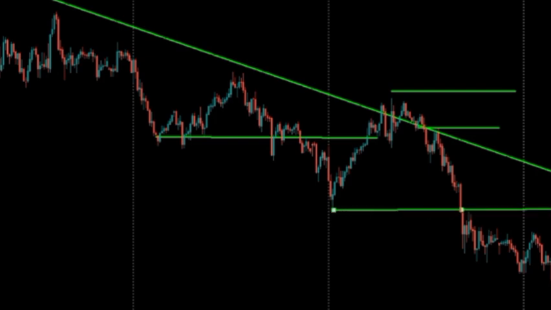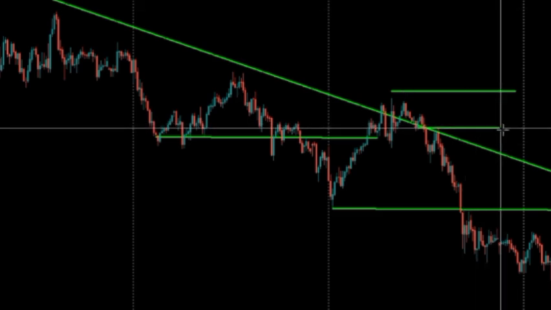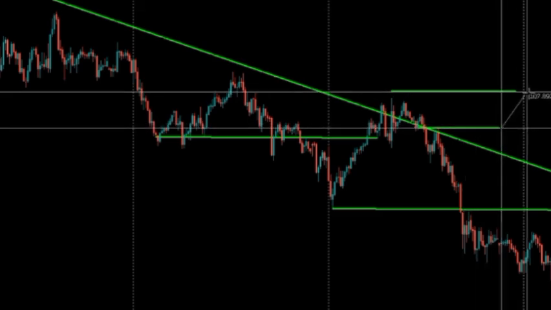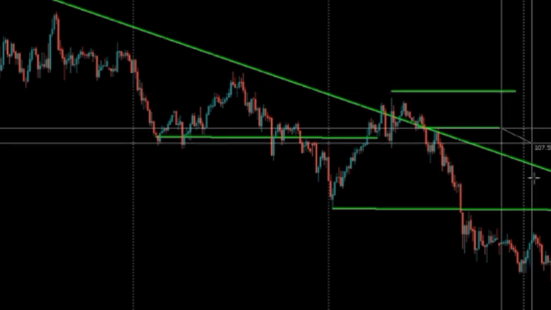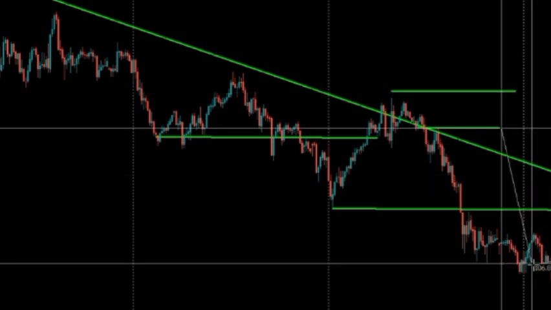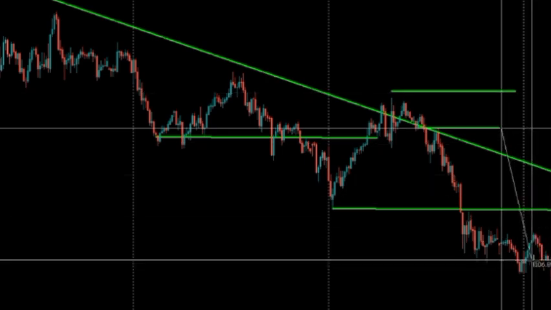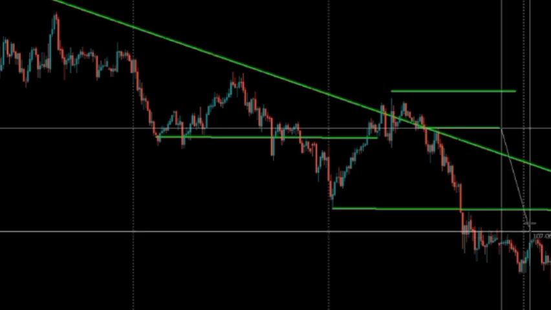But for me, I'll still mark my 1:3, which is very important for me. As you can see, this is the strategy.